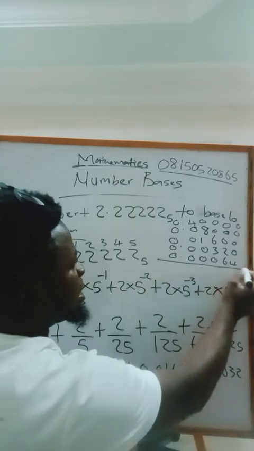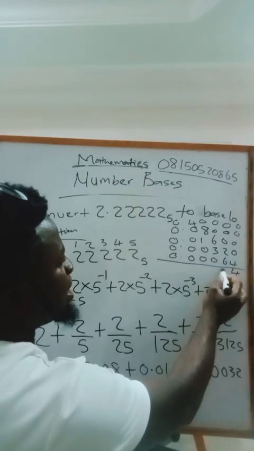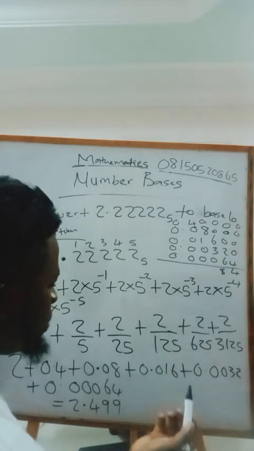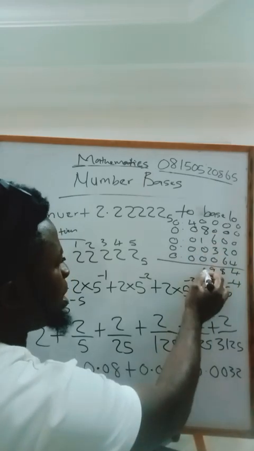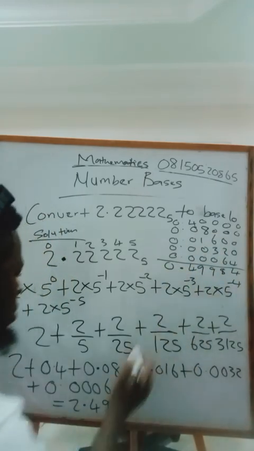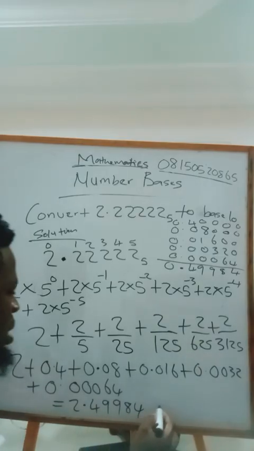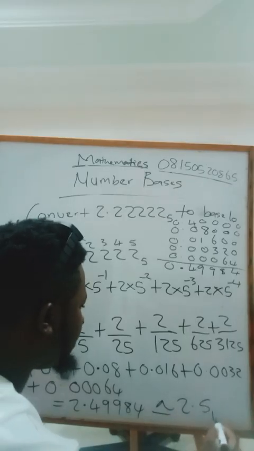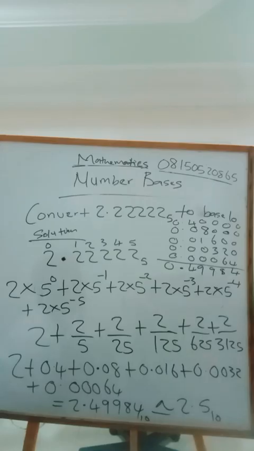So if you have your answer, this will be 4, maybe 6 and 2, that's 8. This is going to be 6 and 3, that's 9. 8 and 1, that's 9. This will be 4. That's 0. So that's how we got 9, 9, 8, 4. Approximately, this will give you 2.5 base 10. And don't forget this is base 10. So that's how to solve it.